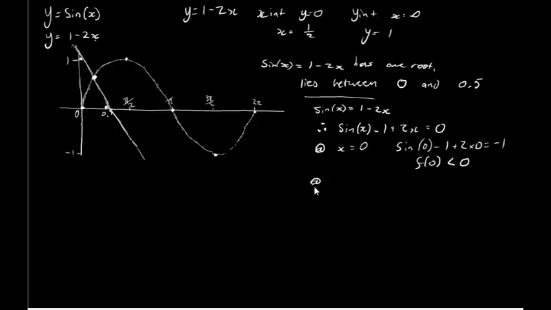And we also need to check at x equals 0.5. So sine of 0.5, take 1 plus 2 times 0.5. We get an estimate of 0.48, which is obviously greater than 0.